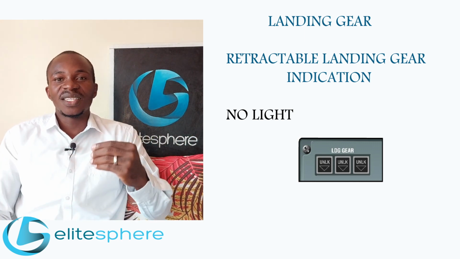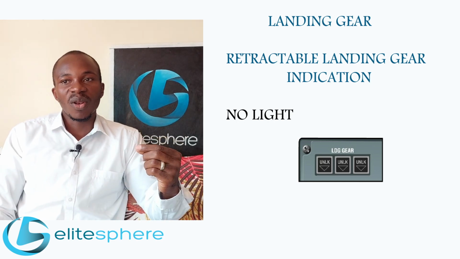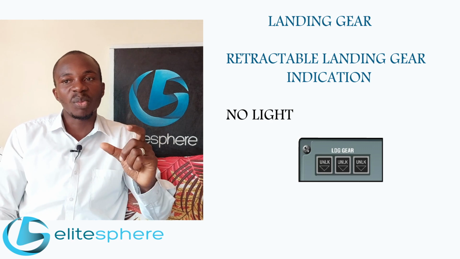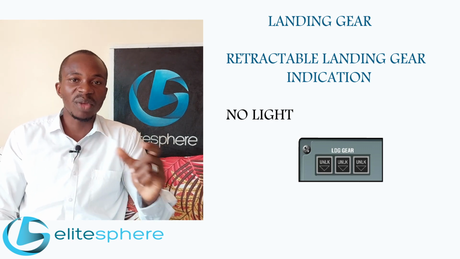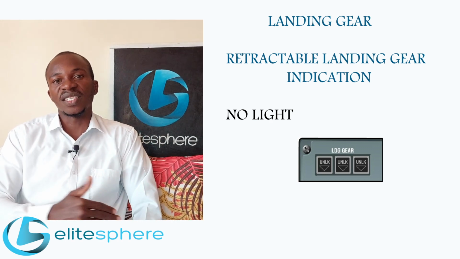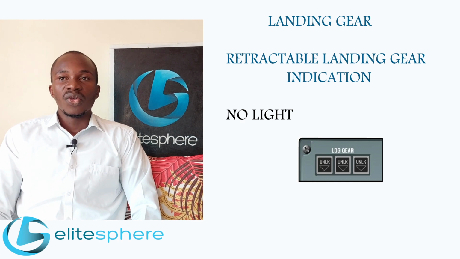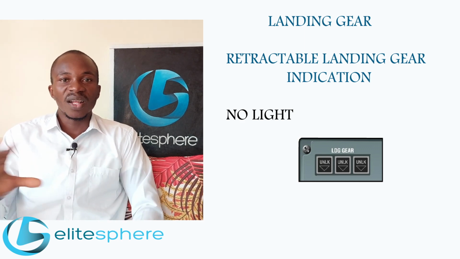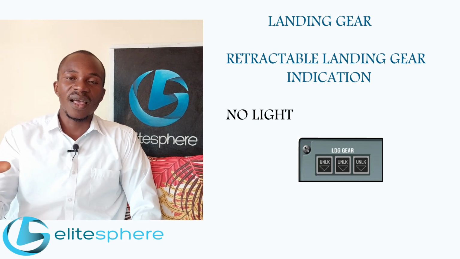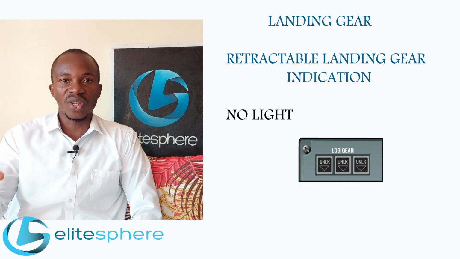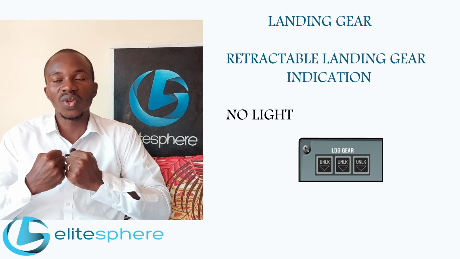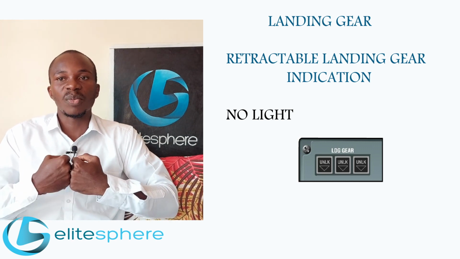Whenever there is a light, it shows that there is an abnormal operation, or there is just a temporary system being used that is not normally used during the entire flight. So whenever the landing gear is properly retracted, there is no light on the landing gear position indicator. This is to show that the landing gear is properly stored in the position that it is supposed to be stored in during flight.